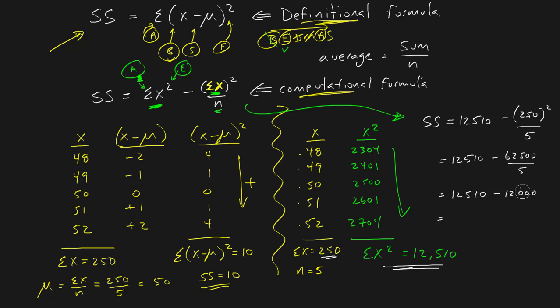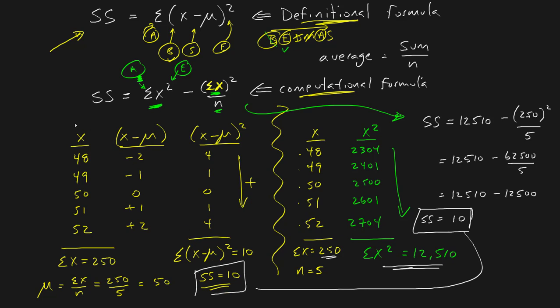Let me correct that here. And so the answer ends up being 10. So the sum of squares is 10. This is the same as what we got when we did the definitional formula. Over here on this side of the squiggly line, we have the computational.